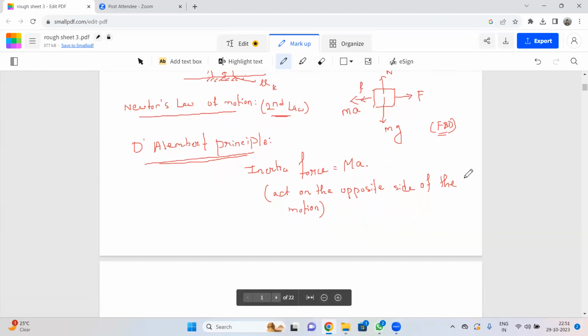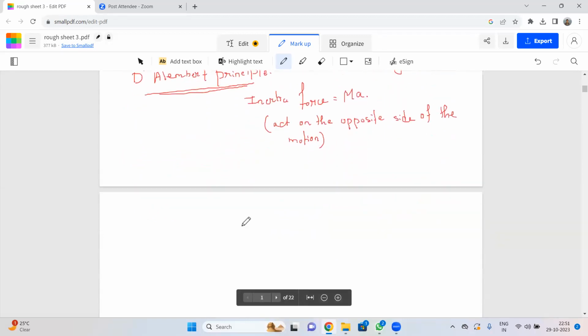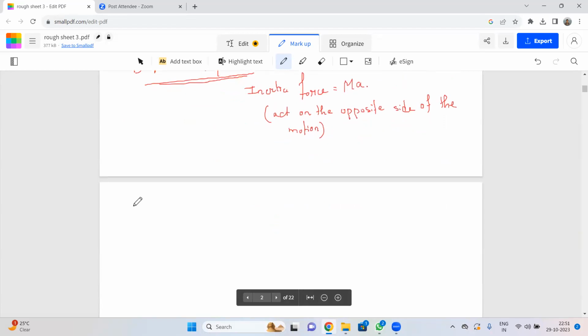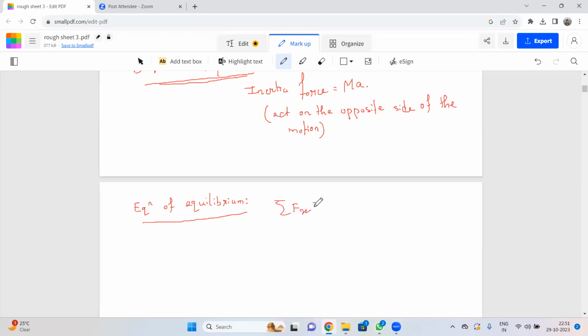After that, if the free body diagram is done, the next step is to write the equations of equilibrium. That means summation of Fx is equal to 0 and summation of Fy is equal to 0.